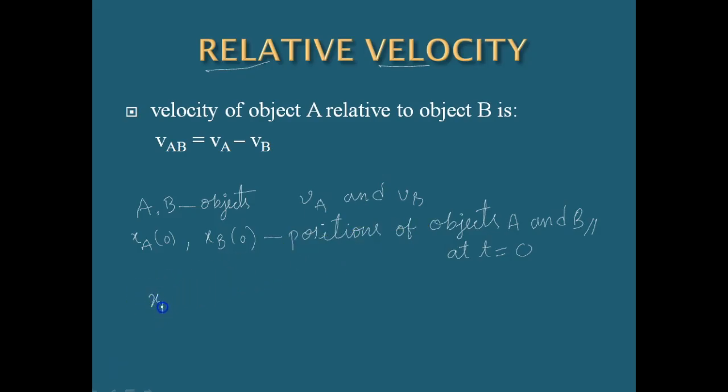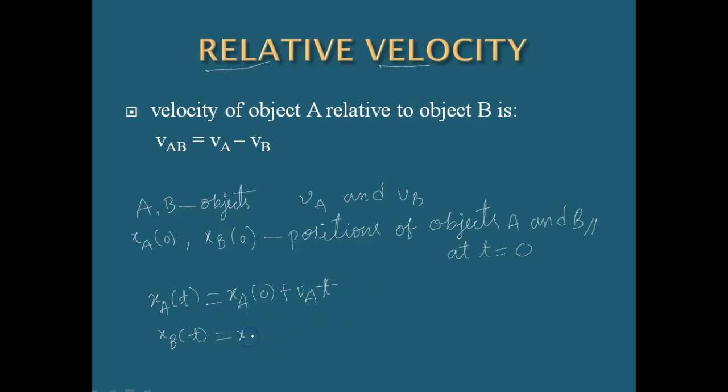So their positions, that is xa of t as well as xb of t at the time t, are given by: here the initial position is xa of 0 plus velocity, they are moving with VA, and time t.